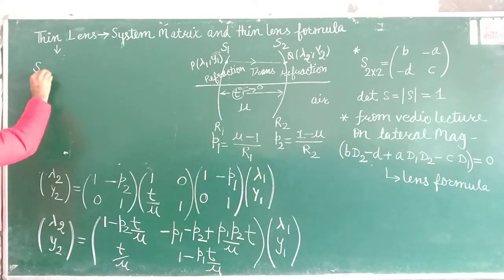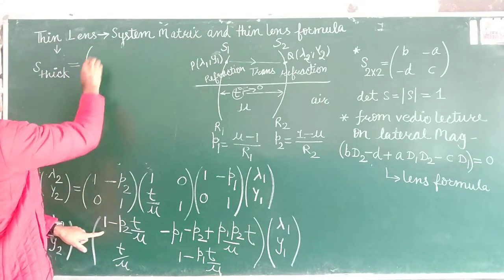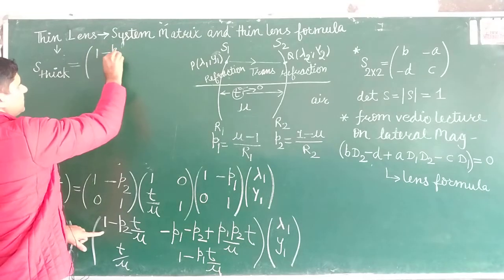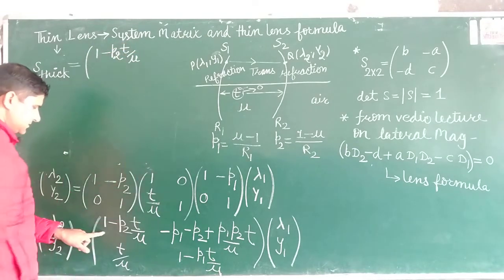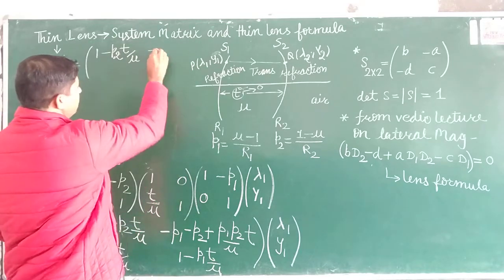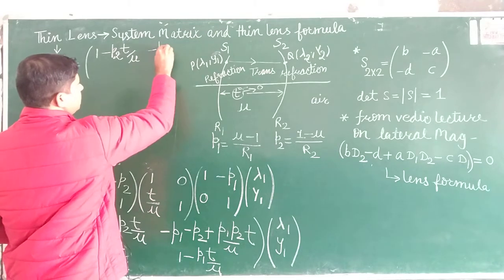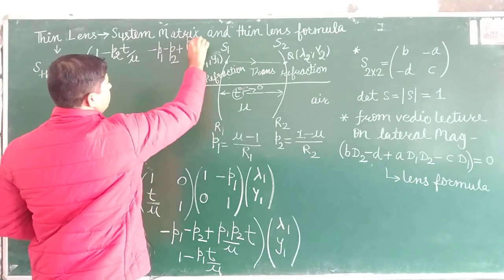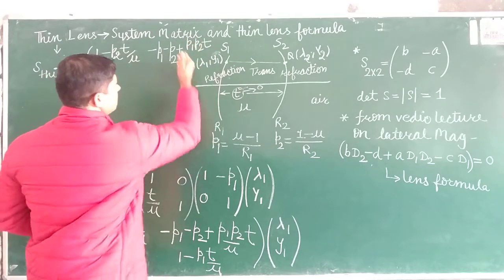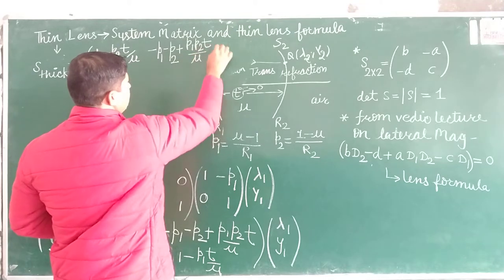So here we have the system matrix for the thick lens, and this is 1 minus P2 into T divided by the refractive index of the medium of the lens, and then you have minus P1 minus P2 plus P1 P2 into T divided by the refractive index.